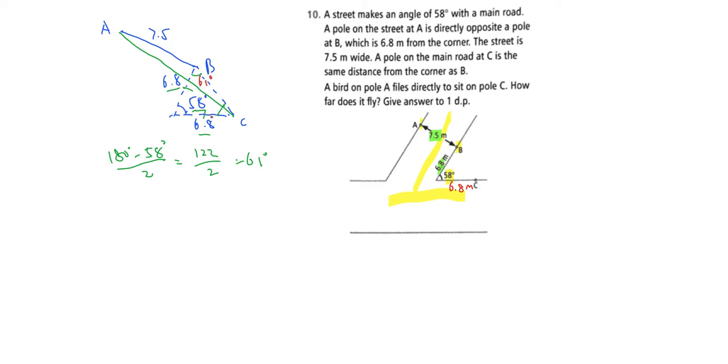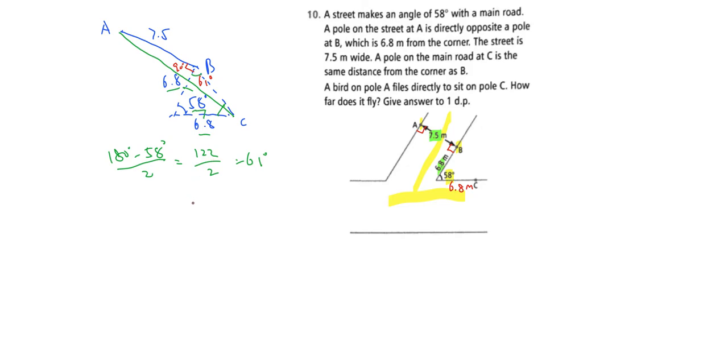Cool, that's fine. What other information can we use? What is this line AB? We understand that's the distance between this sub-road and that road. Distance means that it should be perpendicular, right? Otherwise it won't be distance if you go at an angle, so that should be 90 degrees. So we know this angle then.